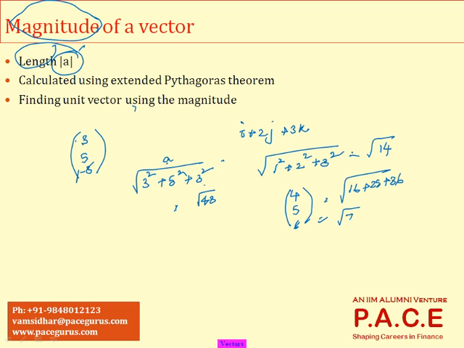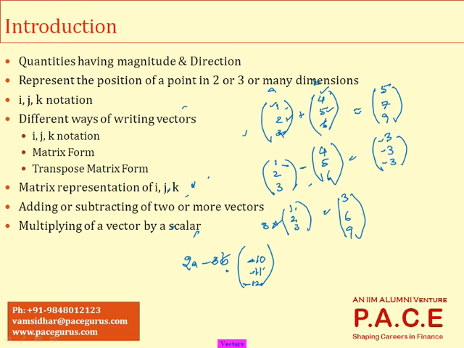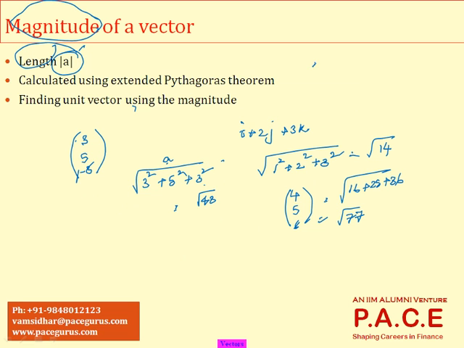61 and 16, 77. So these are the ways you find out the magnitude, which is nothing but the length of that particular vector from the origin. Let's say I want to define the three-dimensional space. This is the origin. Let's say my point is somewhere here in a three-dimensional space.